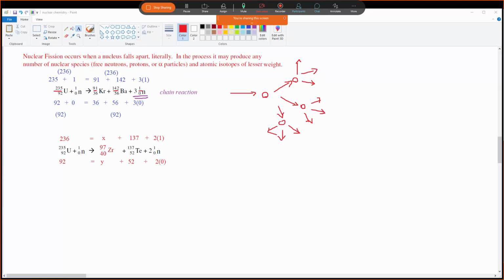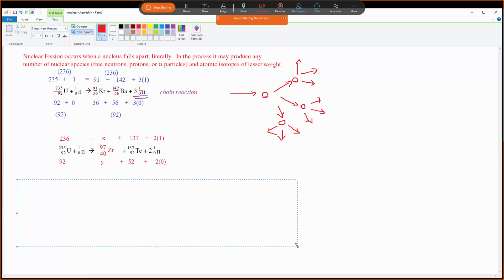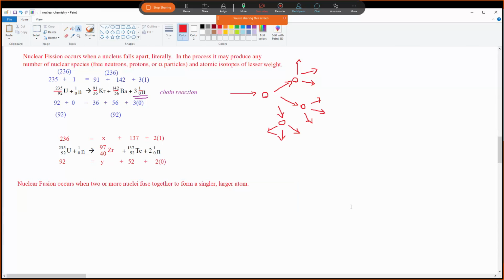Let me write this down. Okay, so nuclear fusion occurs when 2 or more nuclei fuse together to form a single larger atom. Okay, now like fission, this releases a lot of energy, right?